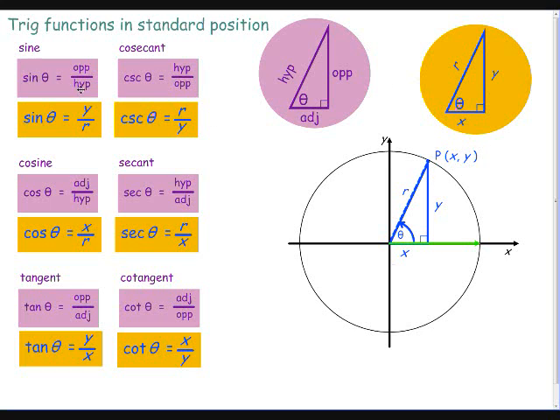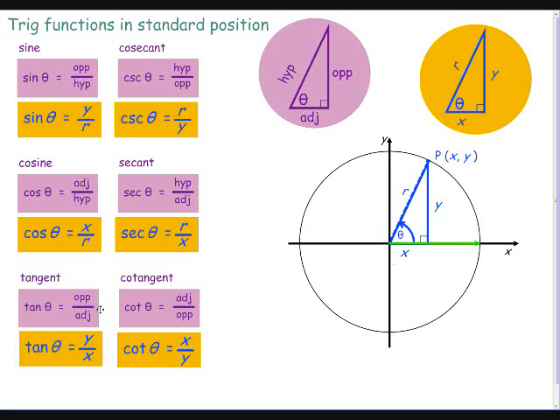So these can be redefined. Instead of opposite over hypotenuse, you can say the vertical y divided by, instead of hypotenuse, the radius. So if you place these into a coordinate plane, the point on the terminal side of this angle, which lies on the circle, that point is x and y, where x represents the adjacent and y represents the opposite.